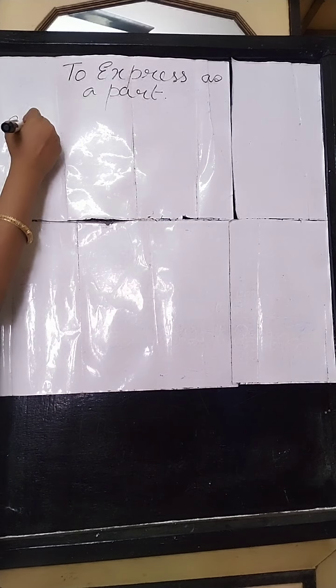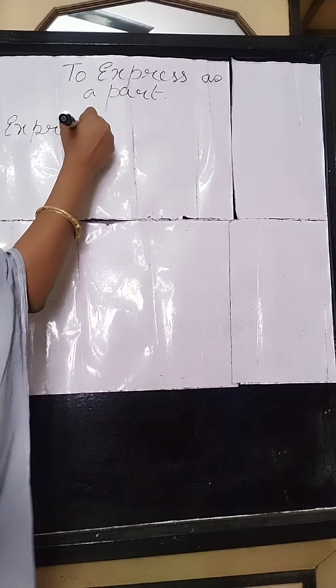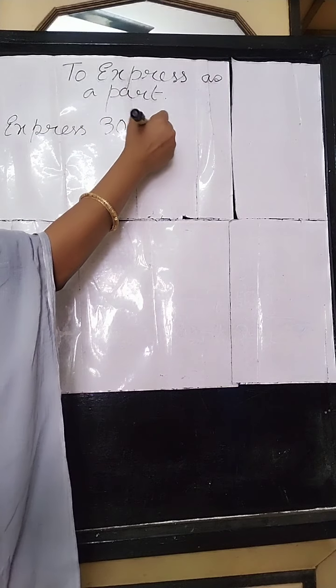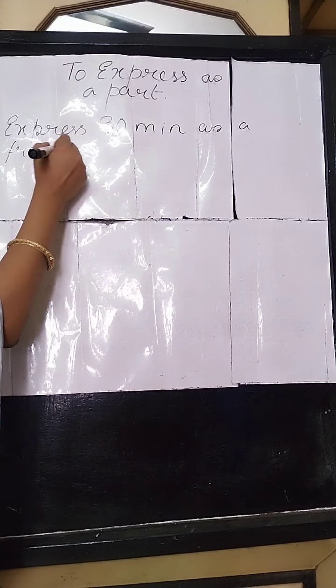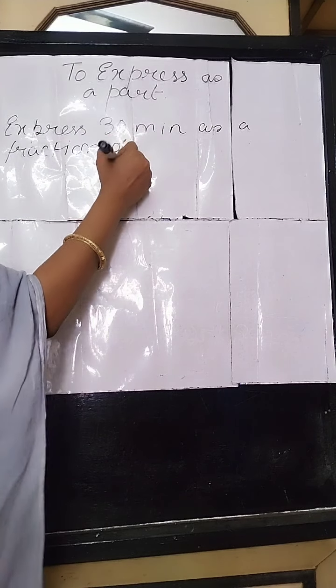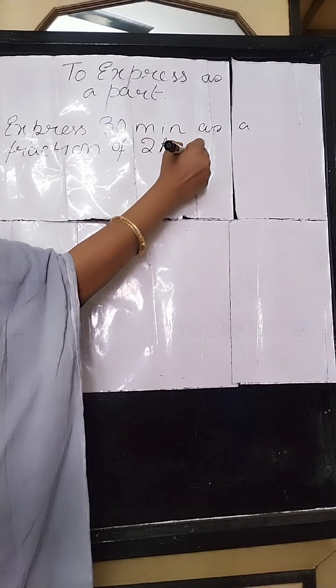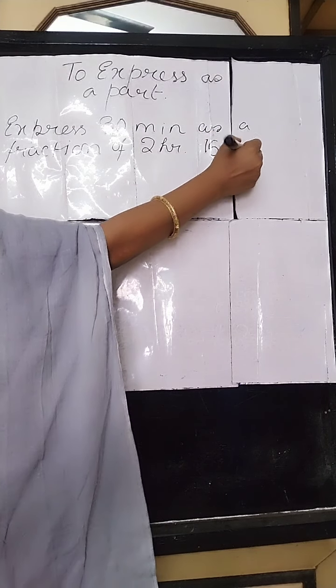Next sum that we are going to solve is: express 30 minutes as a fraction of 2 hour 15 minutes. You have to express this as a fraction.